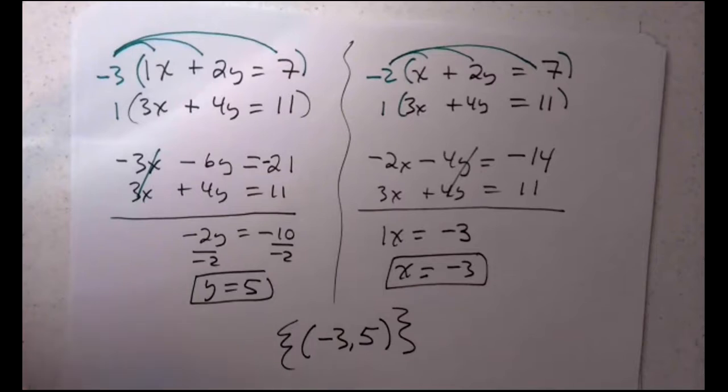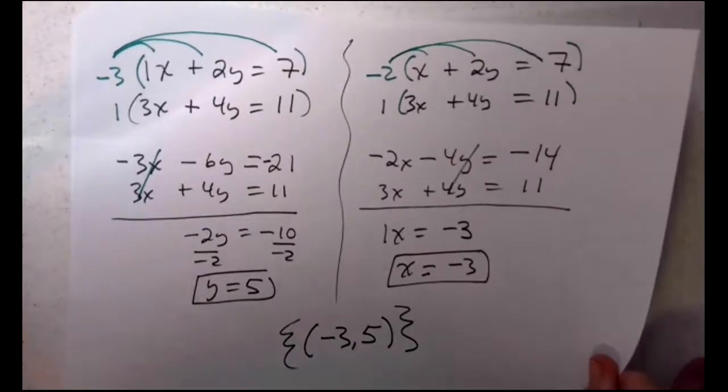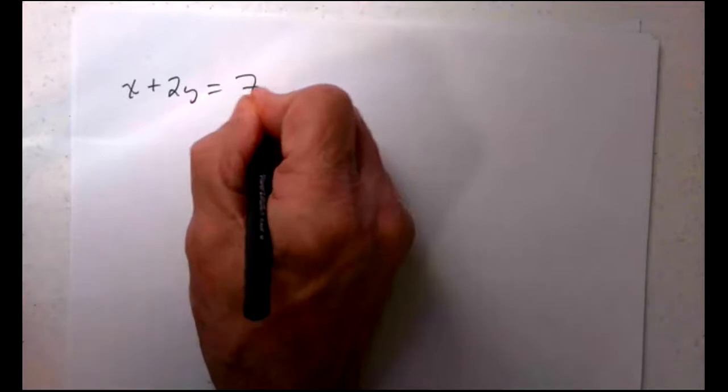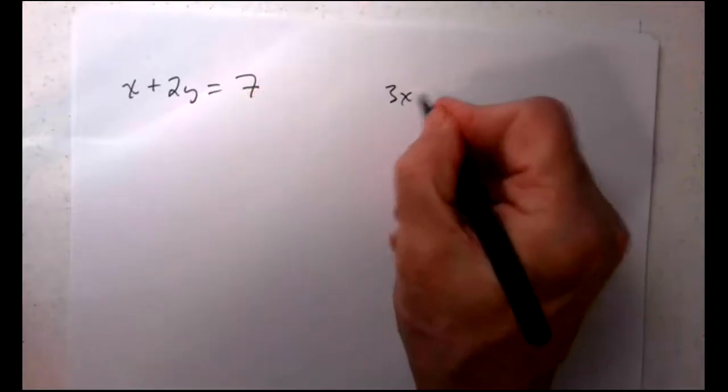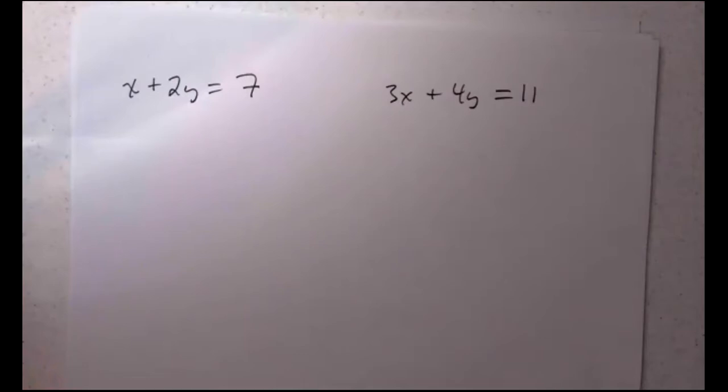So that was elimination. I can also graph these two lines, and I can find the point of intersection using the graphing calculator. So let's take a look at that. So I have x plus 2y equals 7, and I have 3x plus 4y equals 11. This is a little tricky.